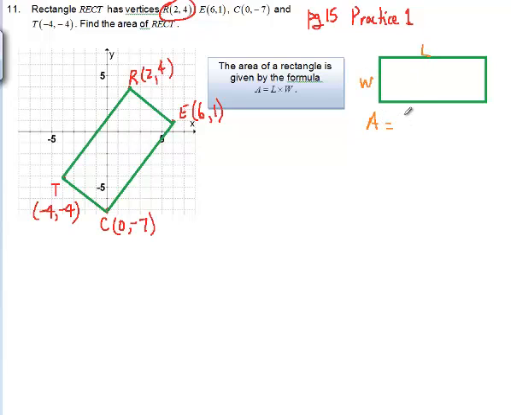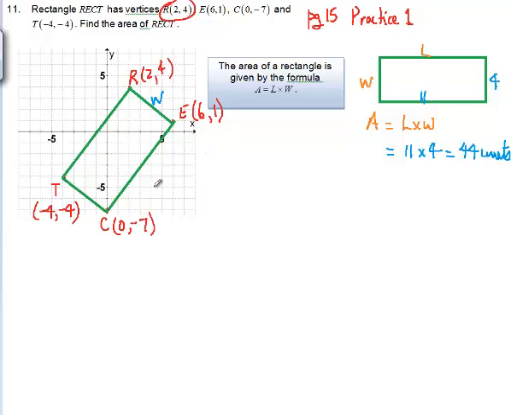So if in this particular rectangle I had a width of 4 and a length of 11, then my area would be 11 times 4, or 44 square units. Now what we need to do, of course, is find the length of one width and one length.